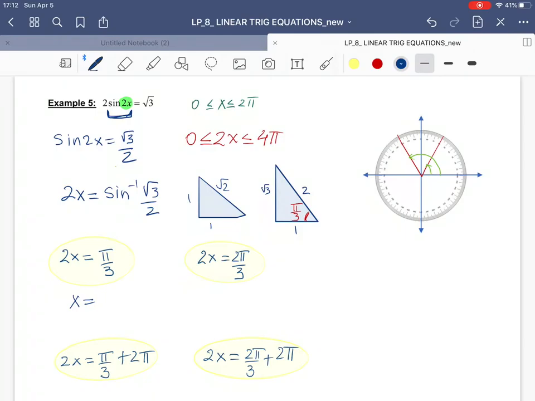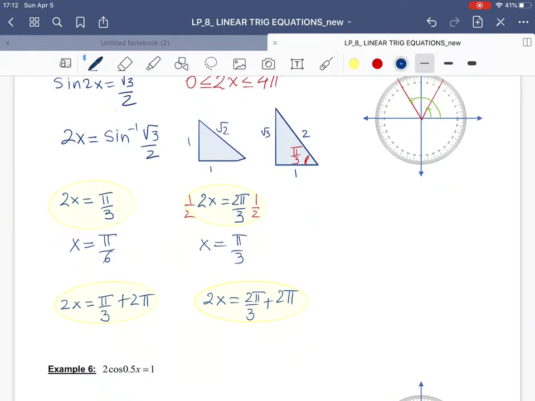From here we get x equals pi over 6. The next one, divide both sides by 2 or multiply by a half. Same idea, times by 1/2 in here. And then we get x equals 1 pi over 3.